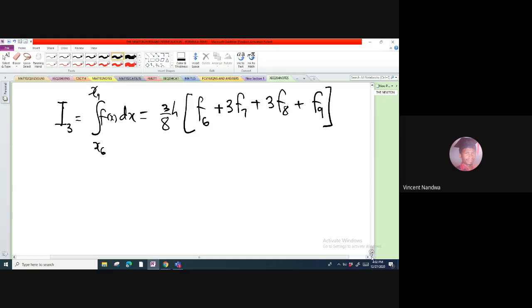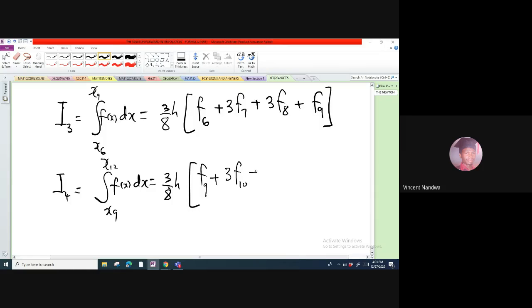We can also define I4 as the integral from x9 to x12 of f of x dx, which is 3 over 8 h into f9 plus 3f10 plus 3f11 plus f12, etc.